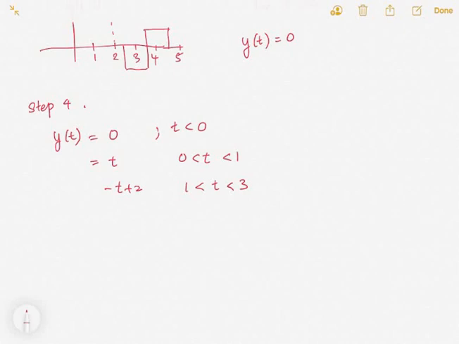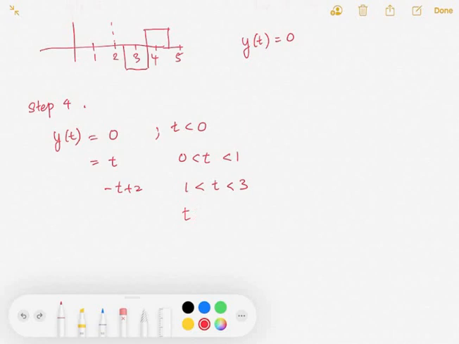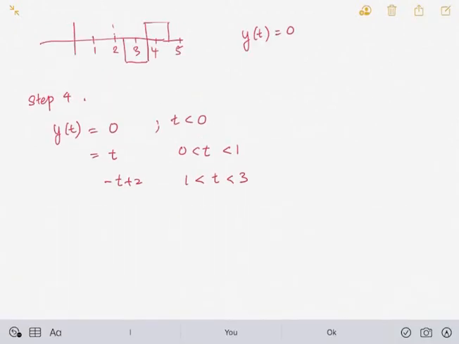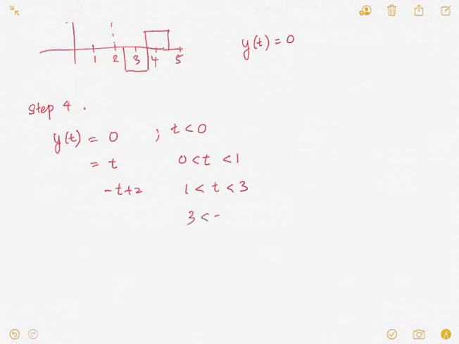And then for t more than 4, you will get, I think 3 to 4 I haven't. Alright, next. For 3 to 4, you get t minus 4, and then for t more than 4, you get 0.